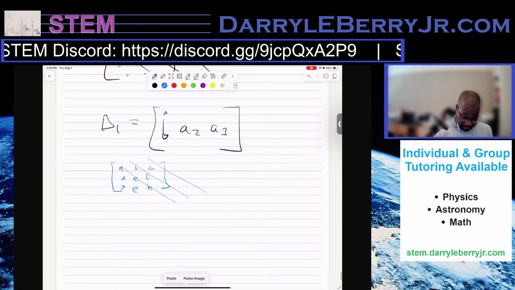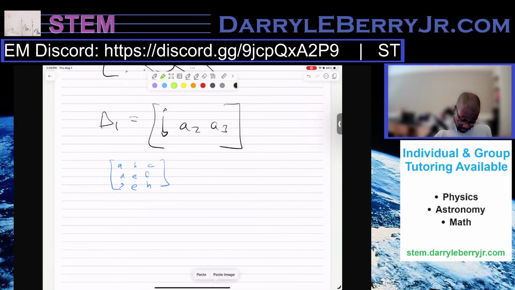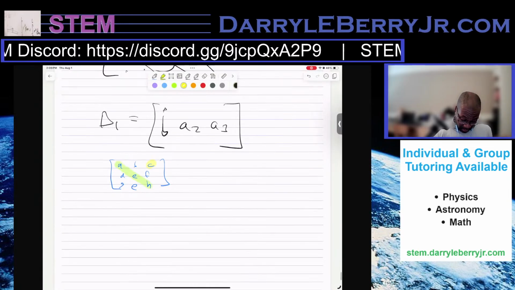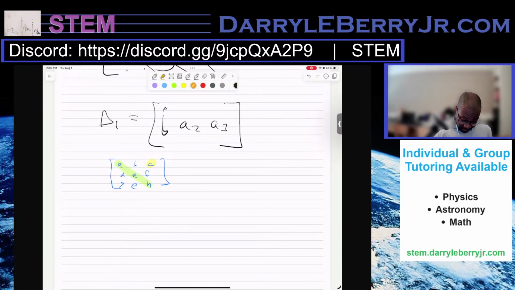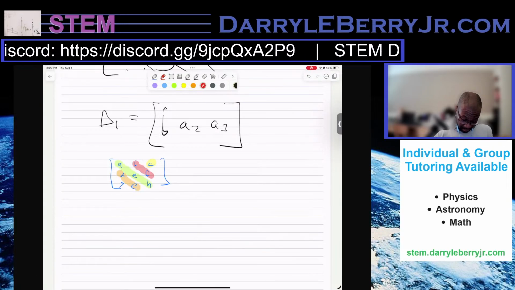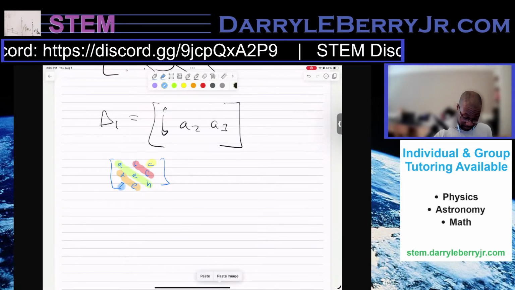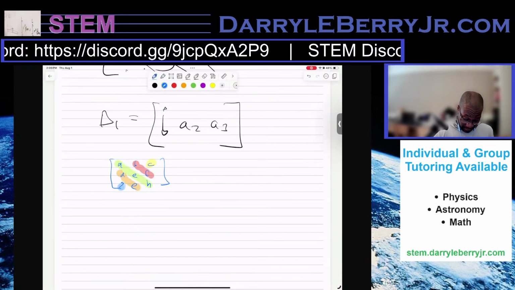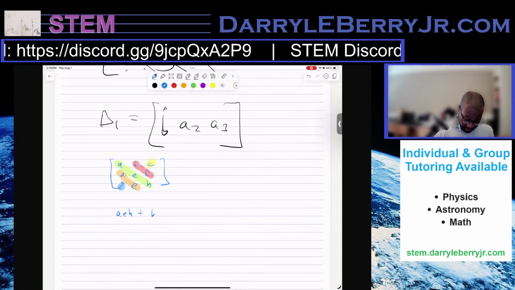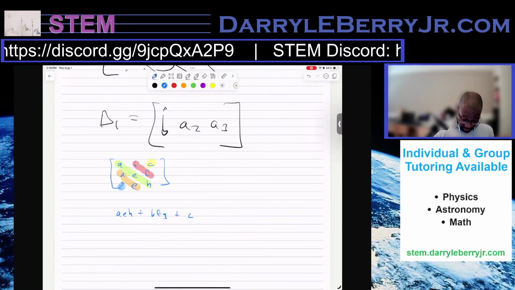Let me highlight these so it's a bit clearer. So we know that this is the diagonal, so it goes straight across. So what I would have is AEI plus BFG plus CDH.